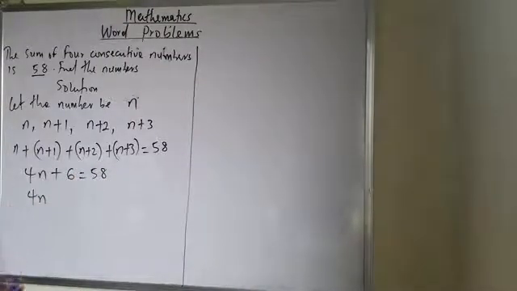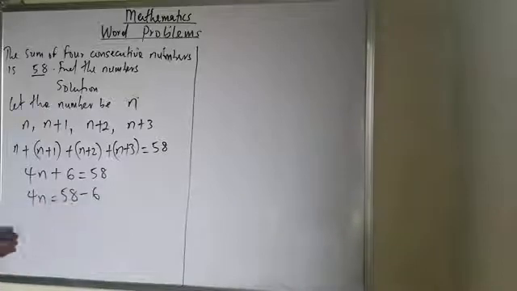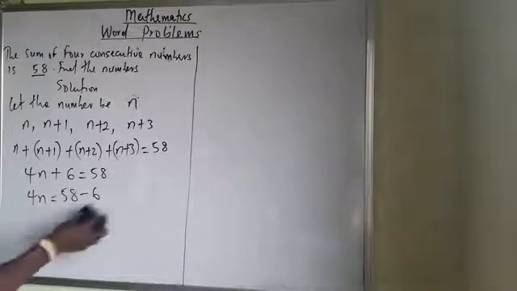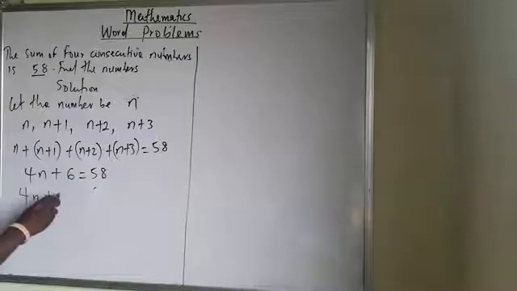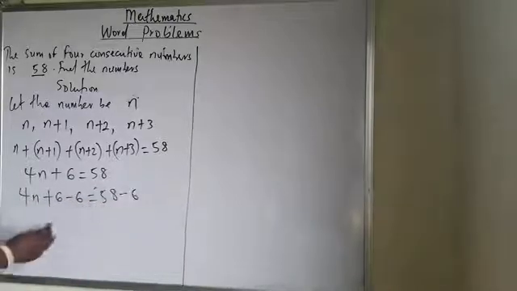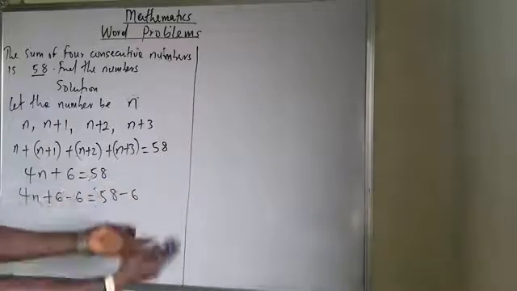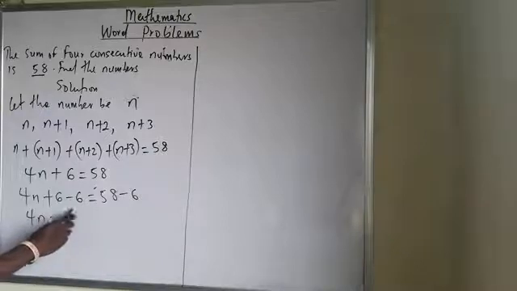You use the words subtract 6 from both sides, so I'll have 58 minus 6. Let me make it in a very nice way for those who are a bit weak in mathematics. 6 minus 6 equals 58 minus 6. What I do to this side, I do to the other side, so I'll have 4n equals 52.